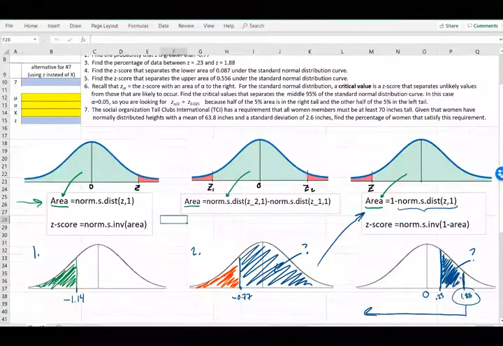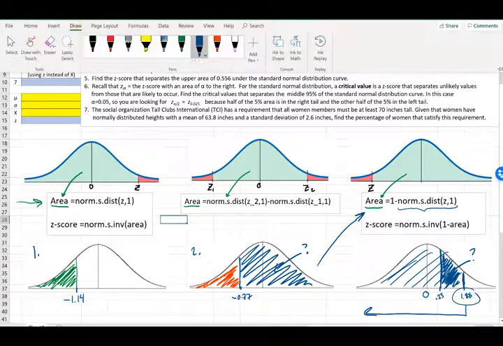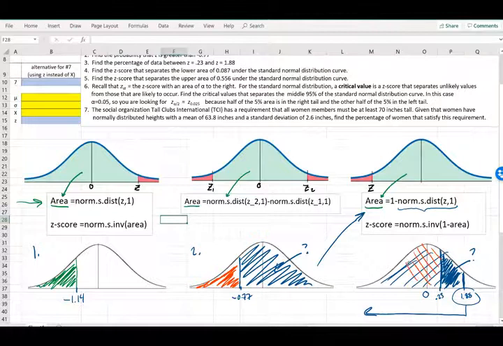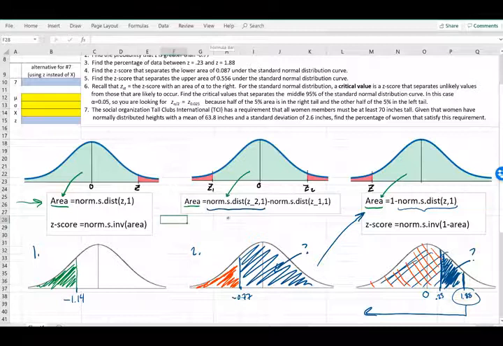So if we start off with all of this blue area, and then we subtract off what we don't want. So basically, if we take all that blue area, that'll give us the blue area.